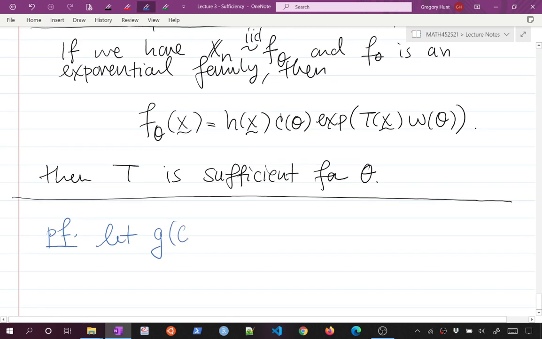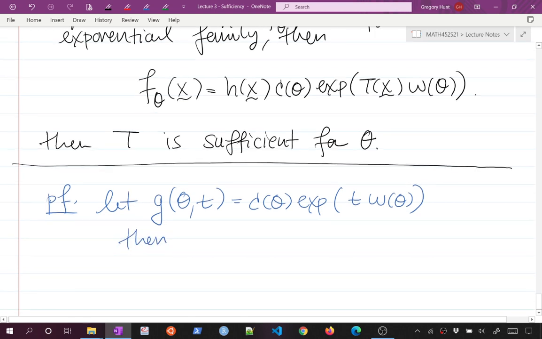So if I let g of theta, t be equal to c of theta exp of t times w of theta, then my joint distribution is h of x, g of theta, t.